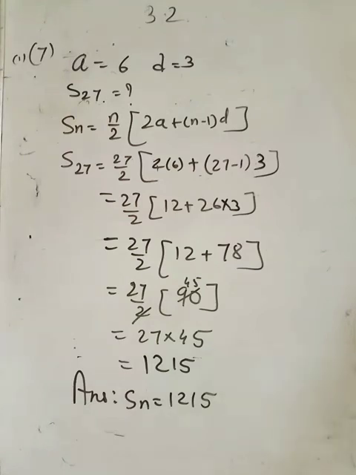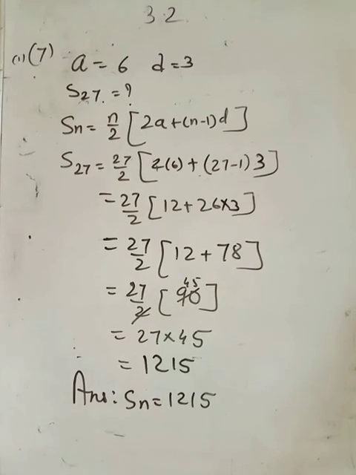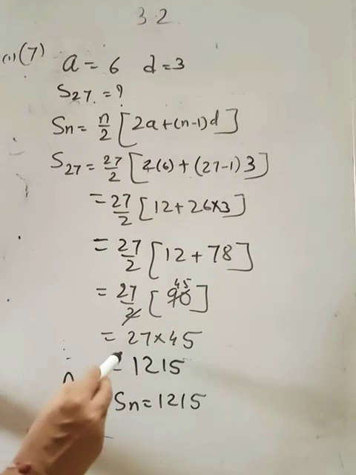Got it? So children, if the sum is asked in the form of an activity, meaning the boxes are there, then you are going to just fill up the boxes correctly and that all will be marked.